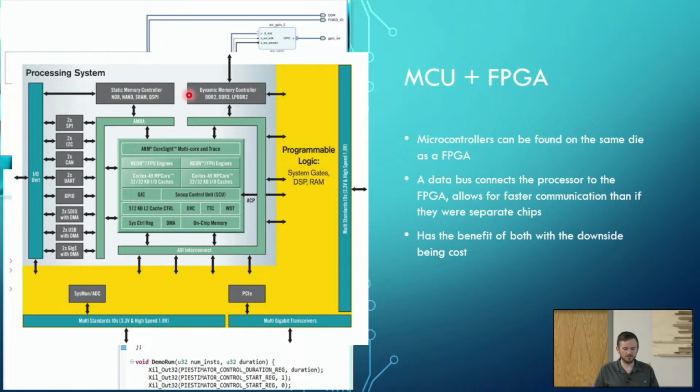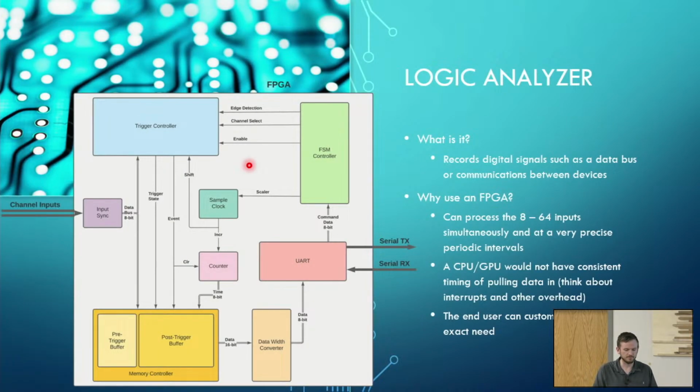The only real downside is it costs a little bit more to get one with both in it. The yellow thing is the FPGA, and the inner box is the microcontroller. So that's an option, and you can use each one completely independent of each other. At the very end, I'll have a demo of these.